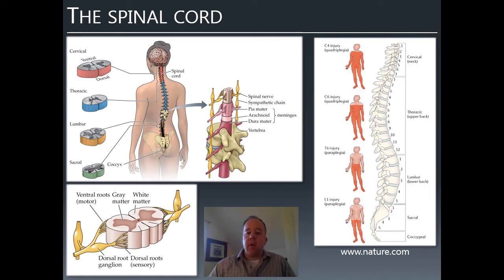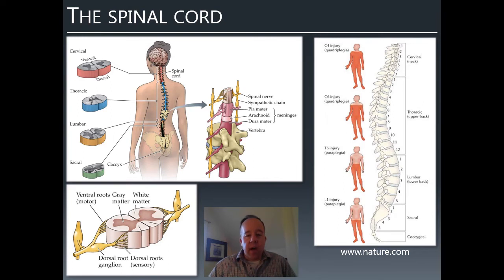If the spinal cord injury is in the neck, if it's a cervical injury, then that is above the spinal nerves that correspond to the legs, but also the trunk of the body and the arms. And so that person will be able to move their head and neck, but not much else.